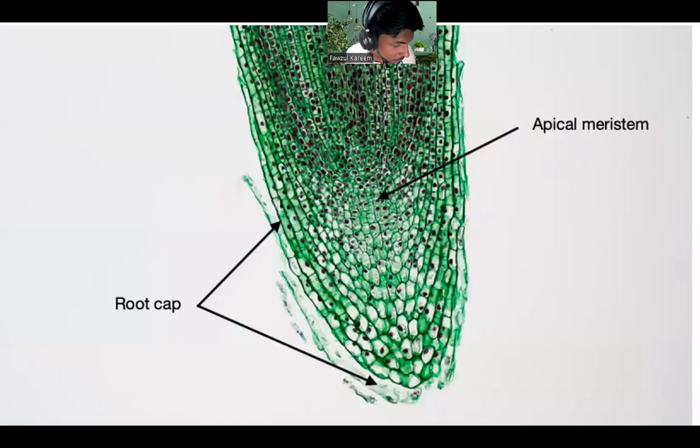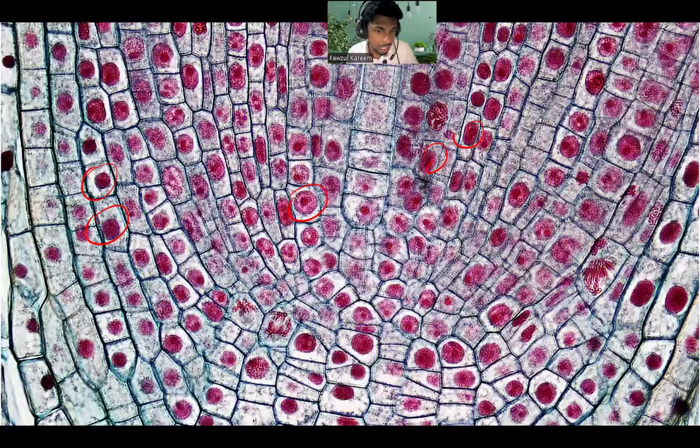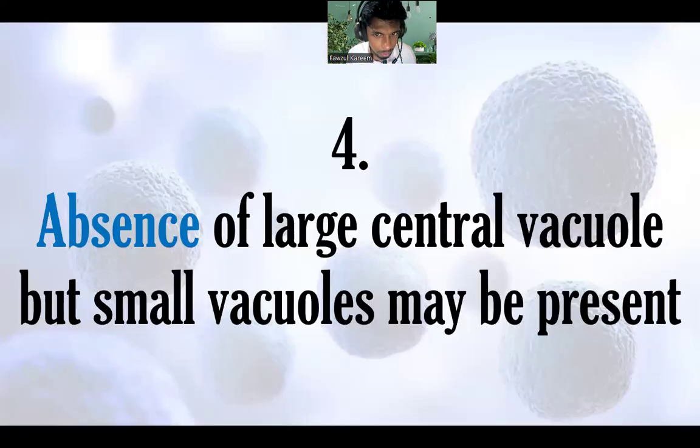Here you can see the image. Here, and here also, we have a clear nucleus at the center of the cells. Nucleus, we study in grade 6 and grade 10, so don't worry, okay?